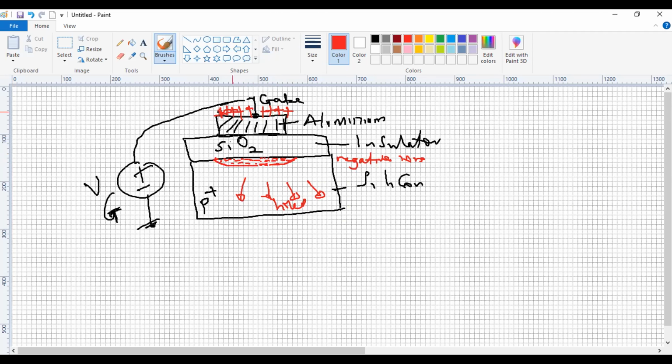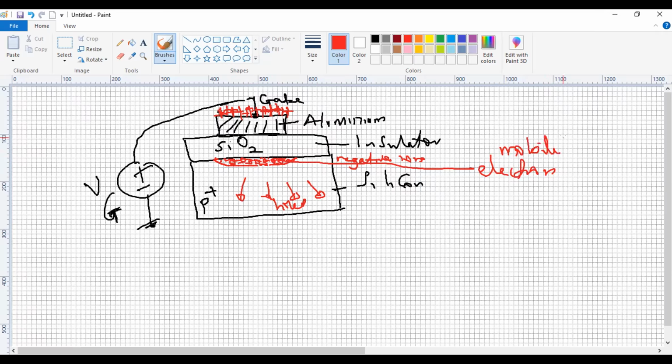As I keep increasing the strength, this becomes more and more positive, and eventually I'll create a few electrons in this layer. So then we end up with some mobile electrons.